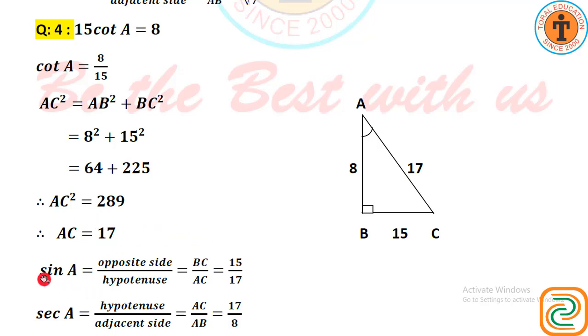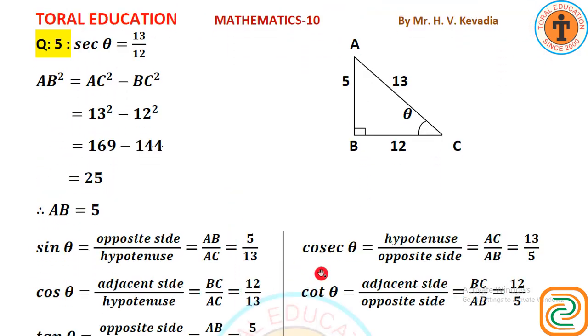Now sin A equals opposite side upon hypotenuse, opposite side BC upon hypotenuse AC. We get 15 upon 17. Sec A equals hypotenuse upon adjacent side, that is AC upon AB, 17 upon 8.